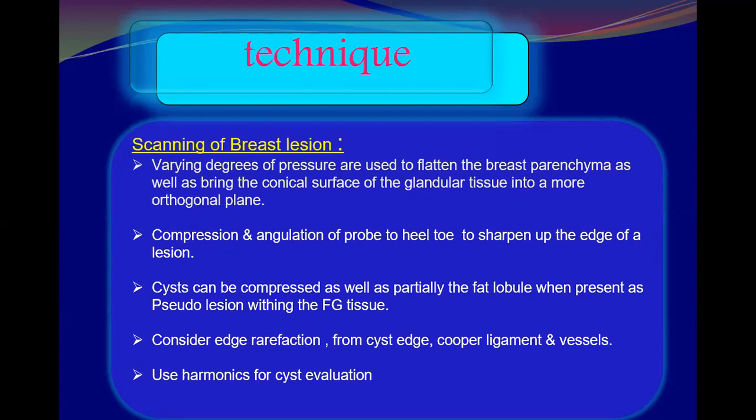It helps us evaluate the margin of the lesion, especially in case of a cyst. By compression and angulation of the probe from heel to toe, it will sharpen the edge of the cyst. When a lesion appears hypoechoic and gets compressed under pressure, that helps us evaluate its cystic nature.